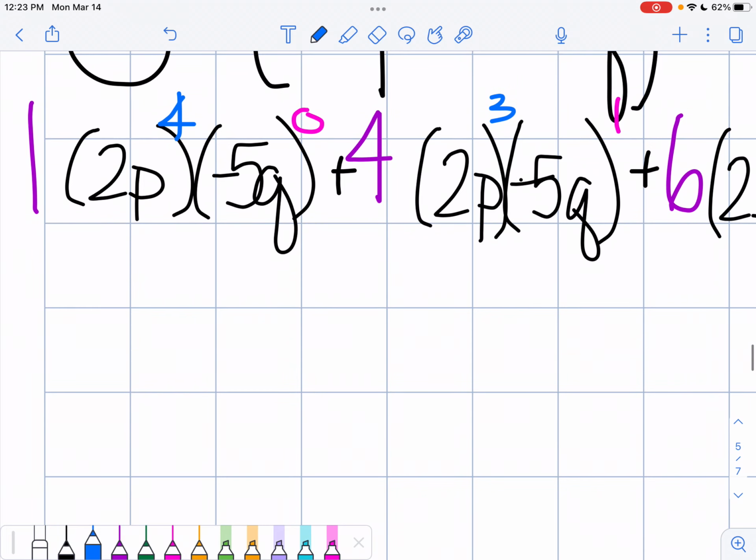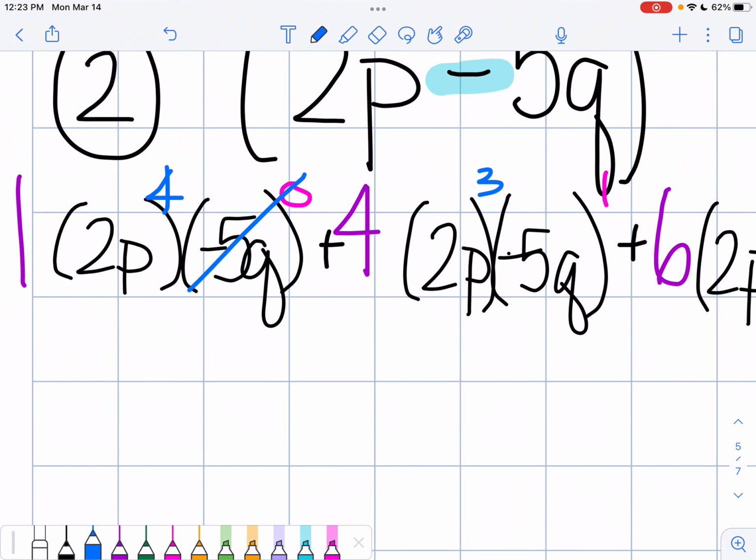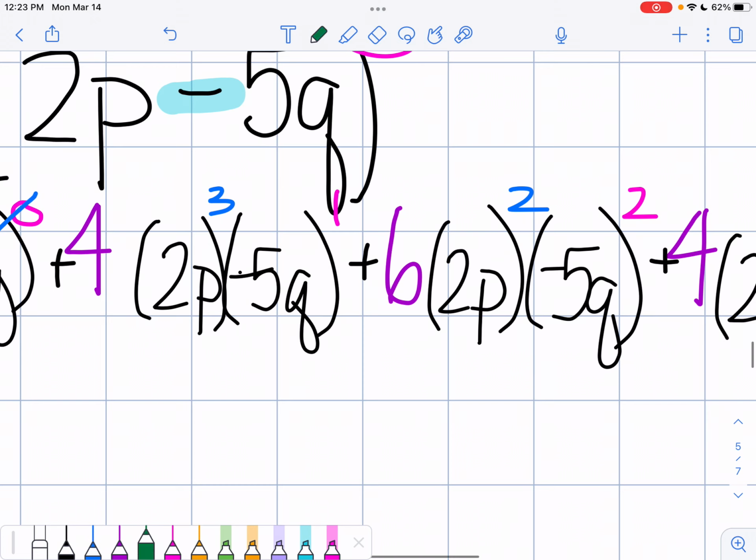Anything to the 0 power is 1, so this goes away. 2p to the 4th. So I have a 1 out in front. 2 to the 4th is 2 times 2 is 4, and 2 times 2 is 4, and 4 times 4 is 16. So this becomes 16p to the 4th. Okay, next.